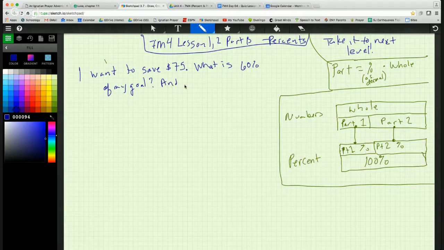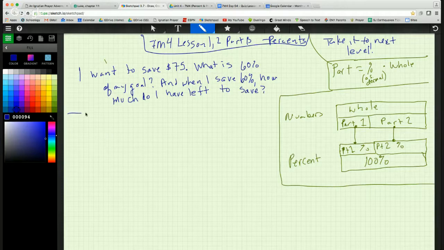And when I save 60%, how much do I have left to save? So that's my question, and now I want to solve that using this structure over here.